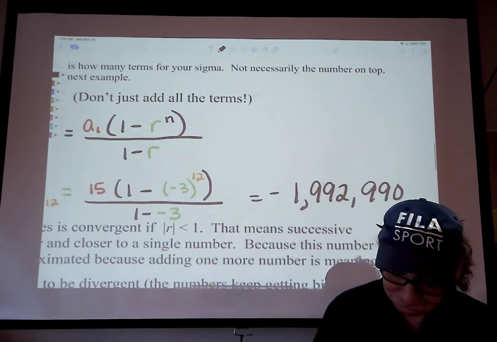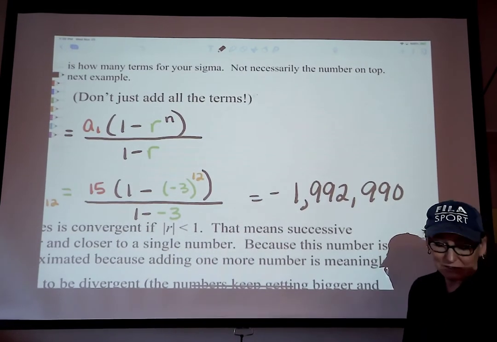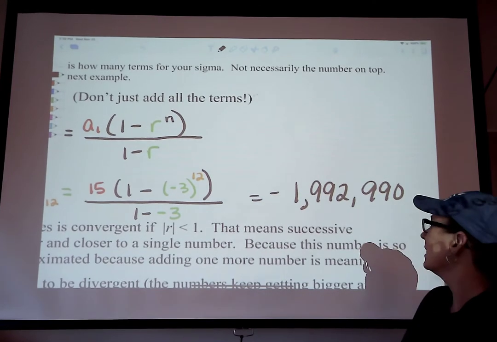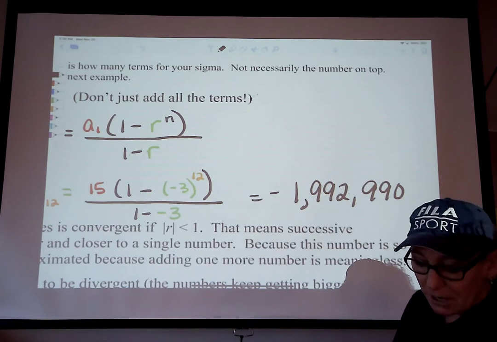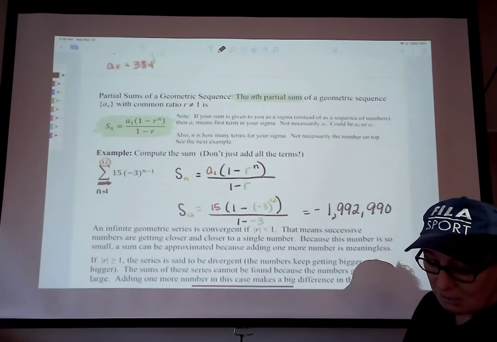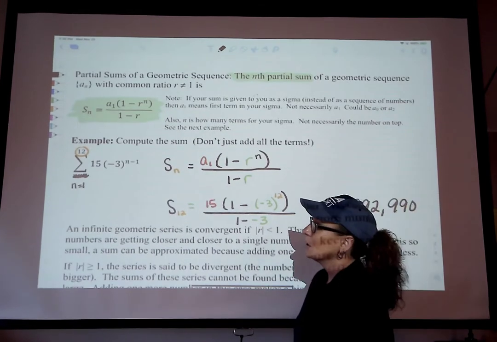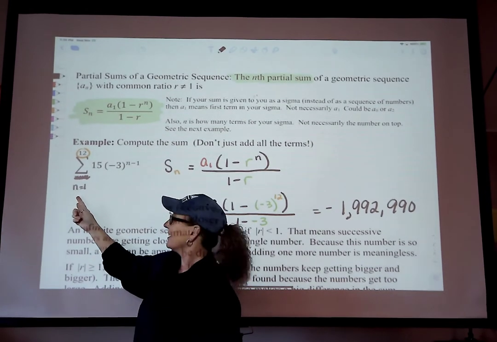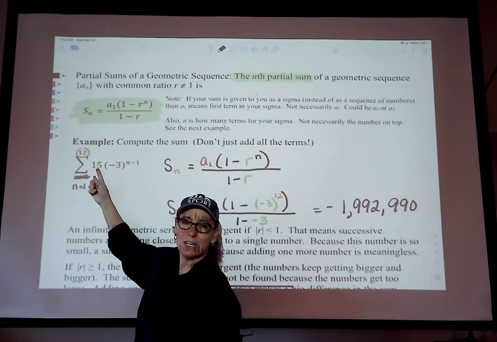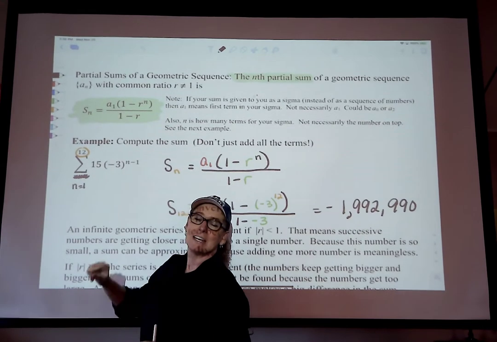And you should get negative 1,992,990. Holy moly. But if you really think about it, we're adding a list of 12 numbers. 15 was my first one, and I'm multiplying by negative 3 each time.